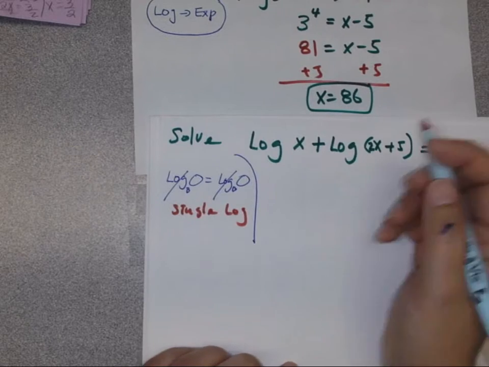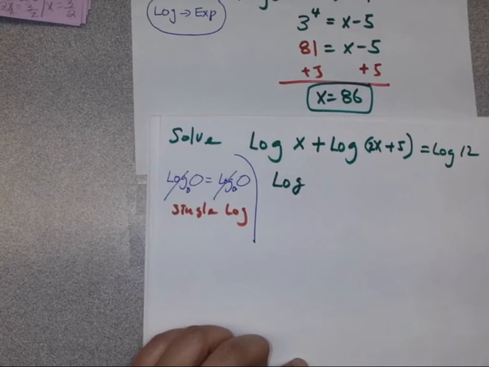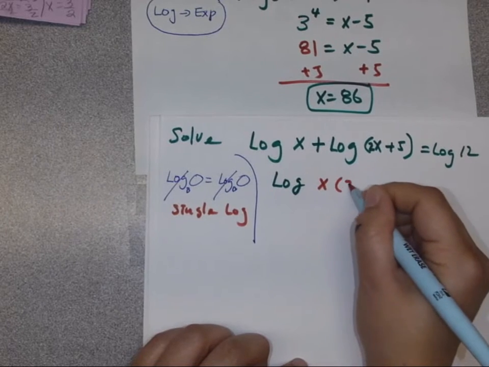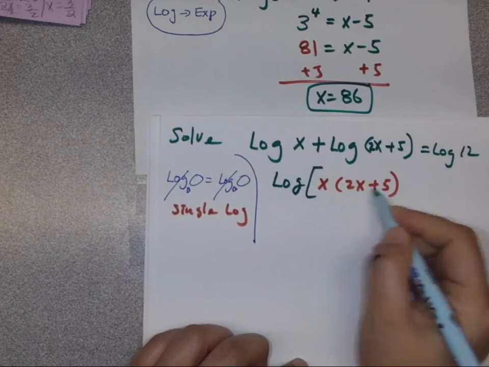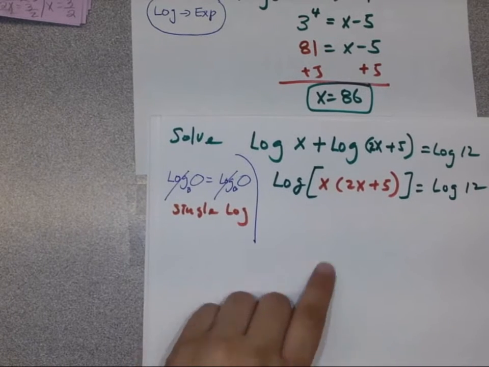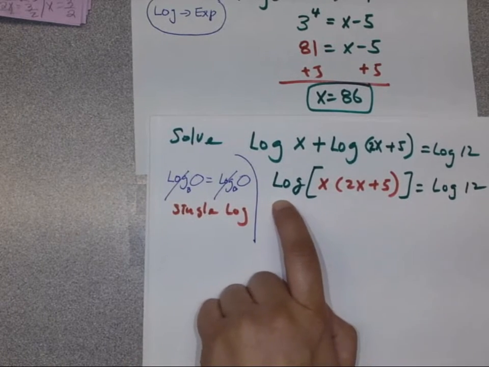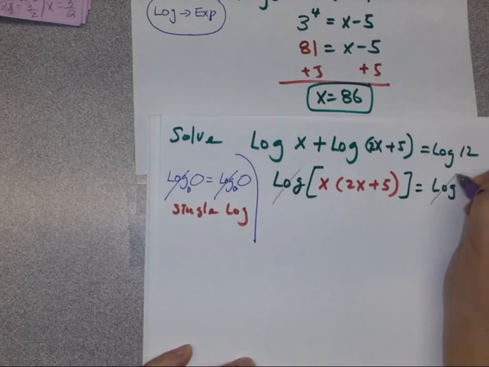Very good. So go ahead and do that. So log, we're going to multiply x times 2x plus 5 equal to log 12. So now I only have one term on each side, right? So I will be ready to cancel the log.